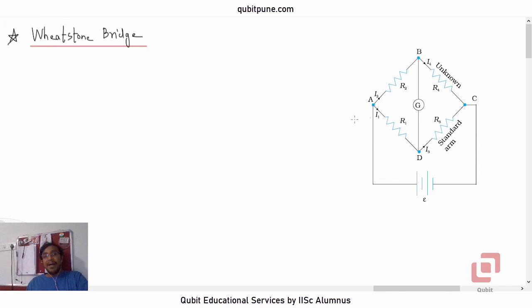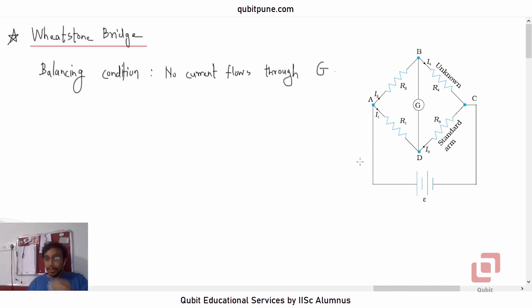The balancing condition of Wheatstone's bridge is that no current flows through the galvanometer.